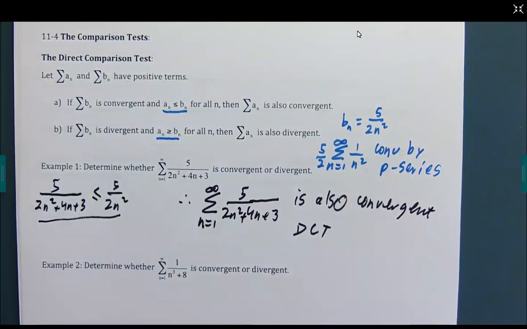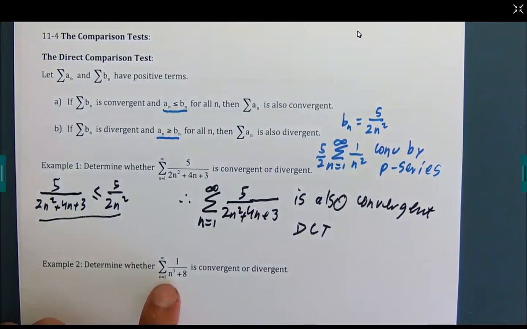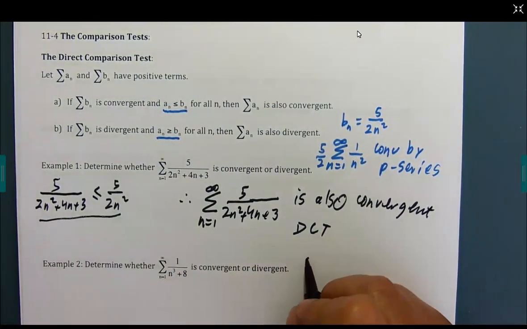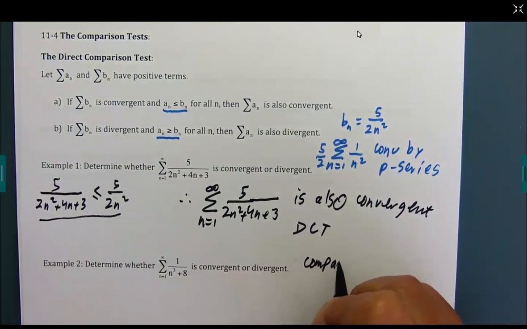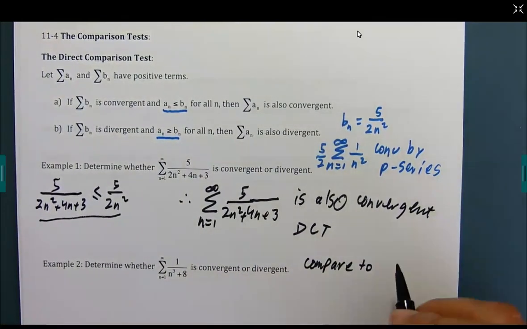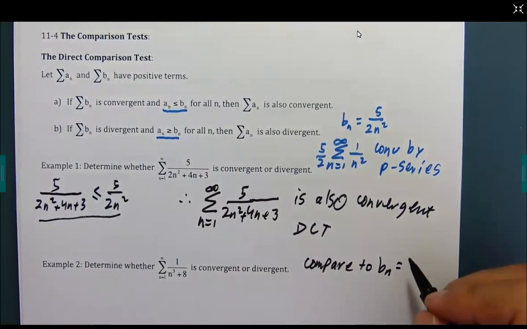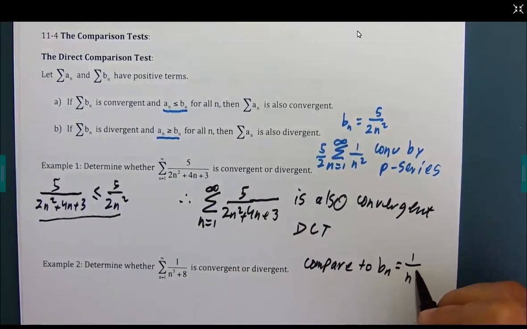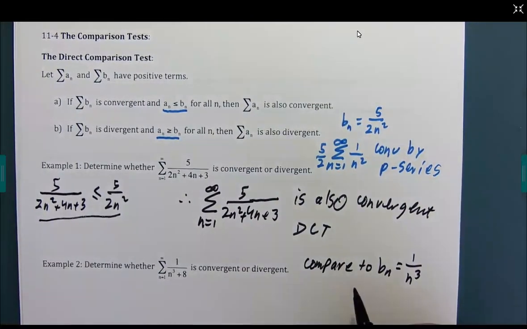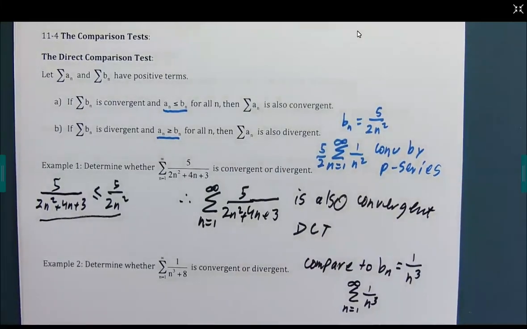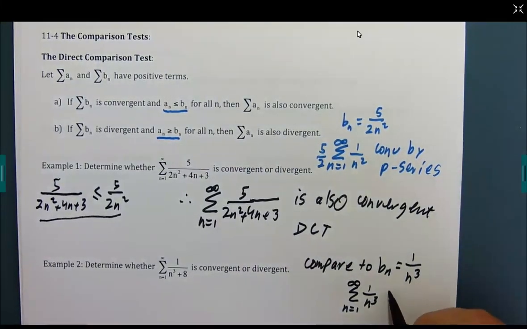Let's do another one. So here we have summation of 1 over n cubed plus 8. Again, I'm just going to truncate that, and I'm going to compare to b sub n in this case, which is going to be 1 over n cubed. And we know, once again, it is a p-series, so this one's convergent.